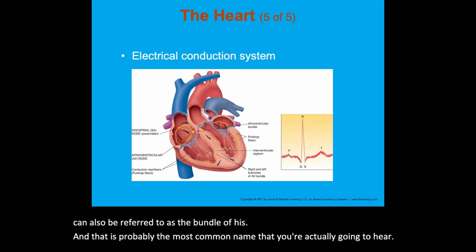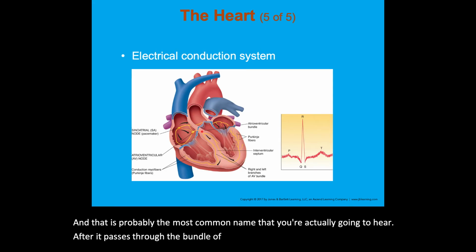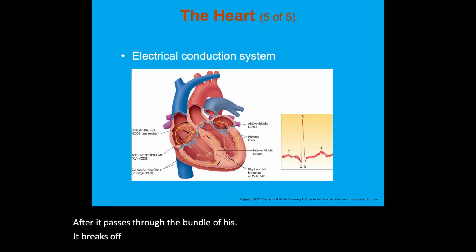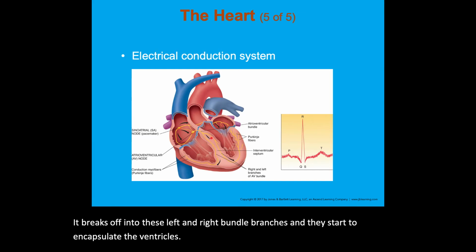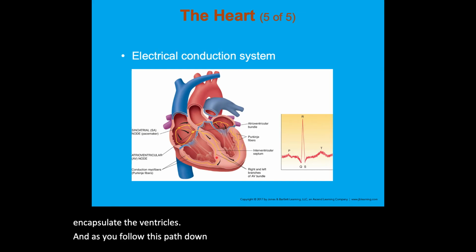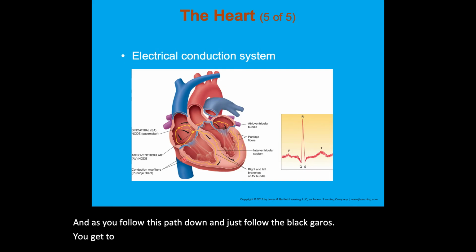After it passes through the bundle of His, it breaks off into these left and right bundle branches. And they start to encapsulate the ventricles. And as you follow this path down and just follow the black arrows, you get to these tiny little conduction fibers at the ends.